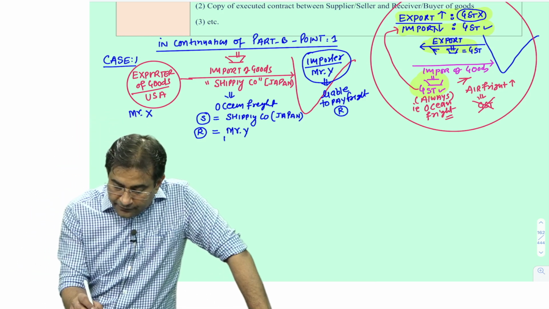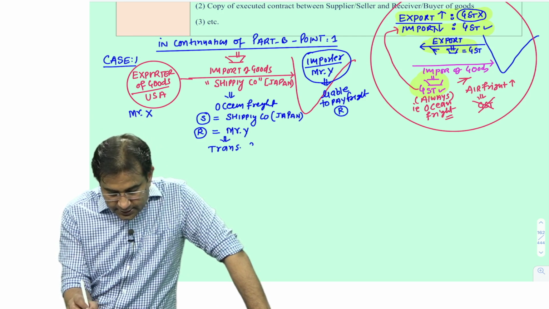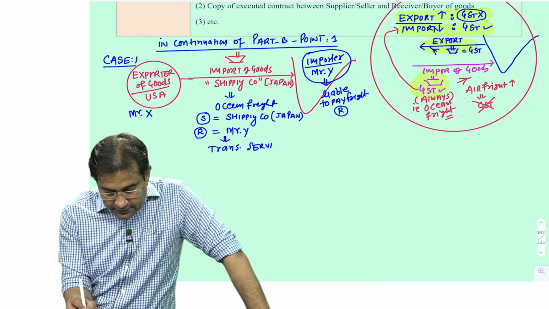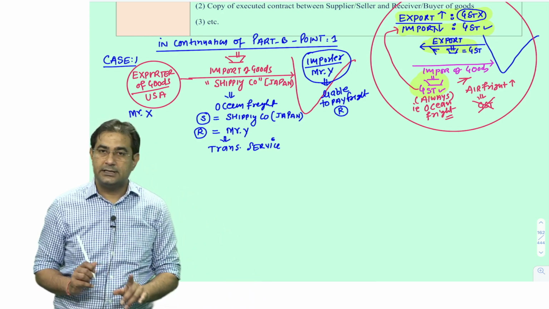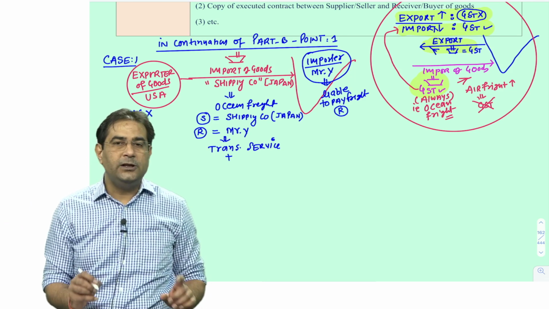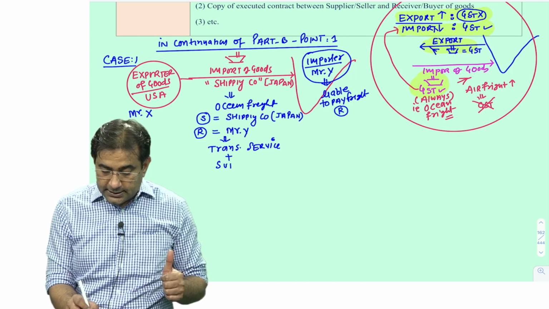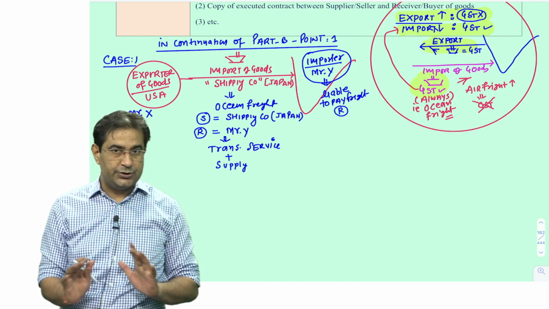So, is ocean freight a transportation service? Yes, sir, it is a transportation service. Second thing, is it a supply? Yes, sir, all the ABC tests have been fulfilled, so it will be treated as a supply.